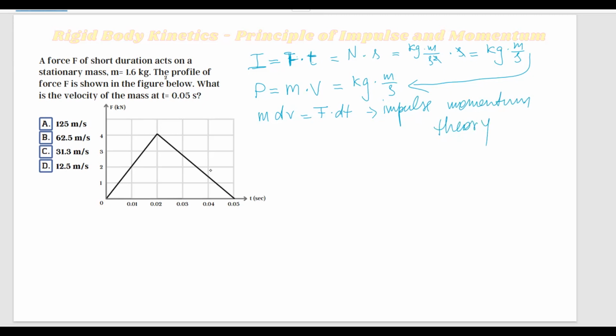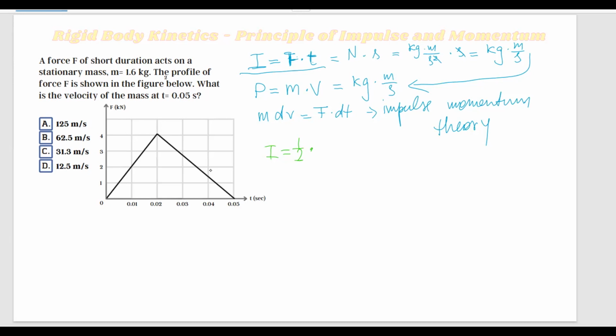So let's see now how we are going to solve this problem. We have this graph with force and time, which is giving you the impulse. The impulse can be calculated based on this graph, and it's going to be the area underneath this curve, the area of the triangle, which is 1/2 multiplied by 4 kilonewtons.